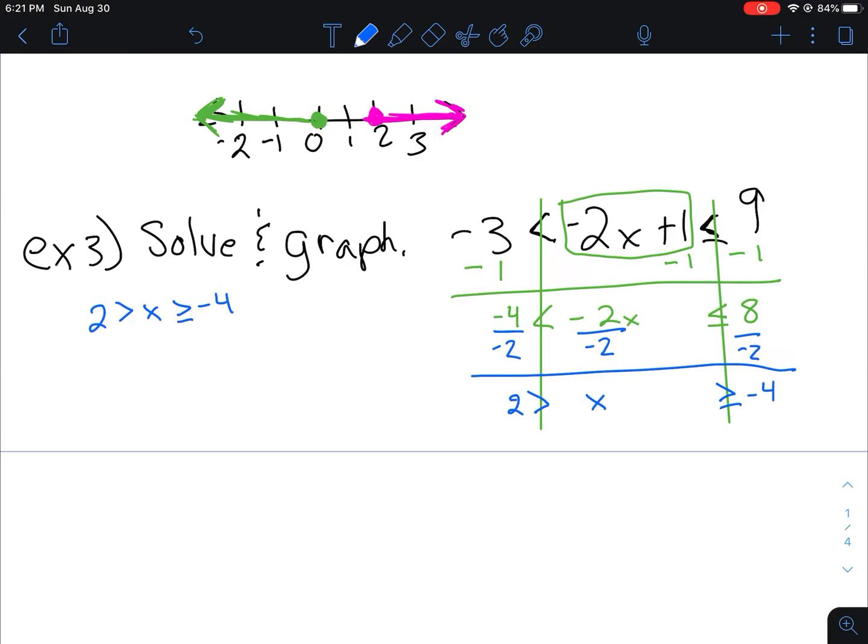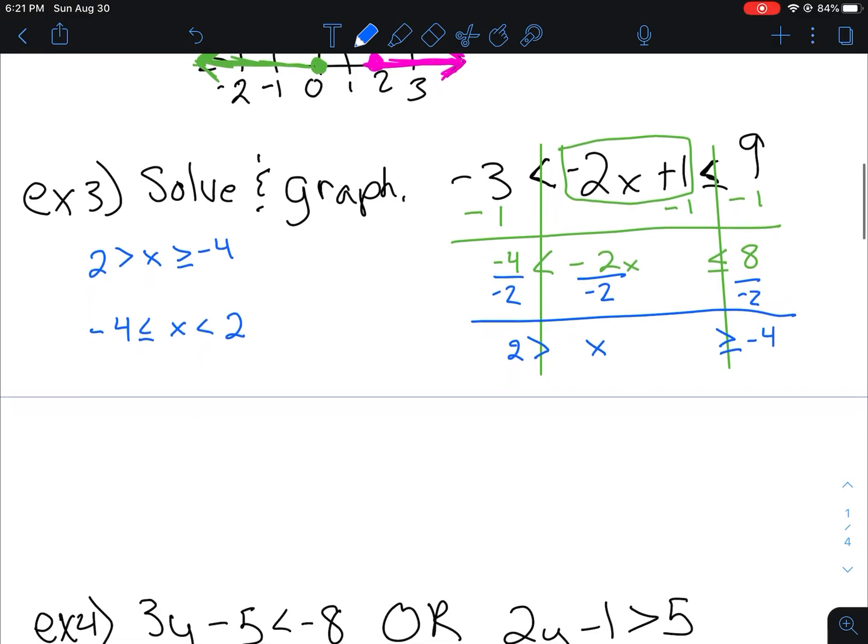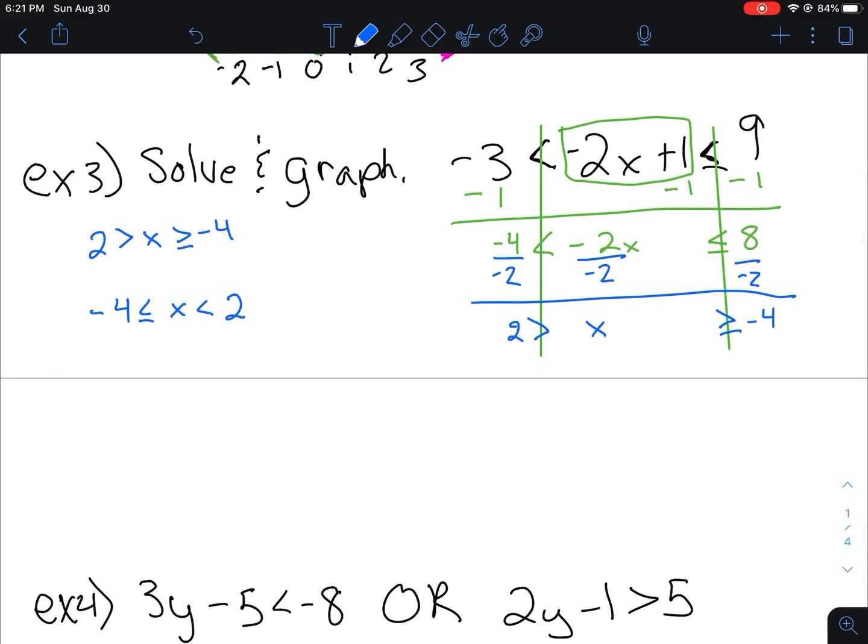So we always need to write it with the less than signs, not the greater than sign. So I'm going to flip this around so that now it says -4 is less than or equal to x, which is less than 2. So my smallest number comes first, and then my largest number comes second in my and statement. And then I'm going to graph it. Remember, the reason I had to flip my signs from less than signs to greater than was because I divided by -2. So then I had to basically reverse it back.